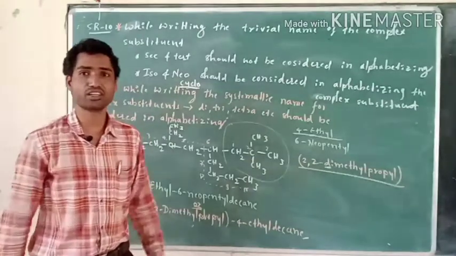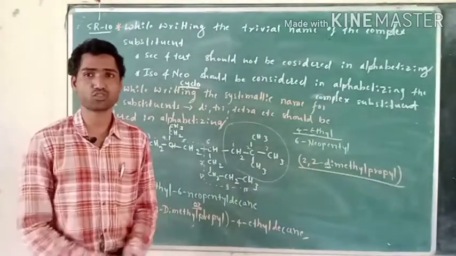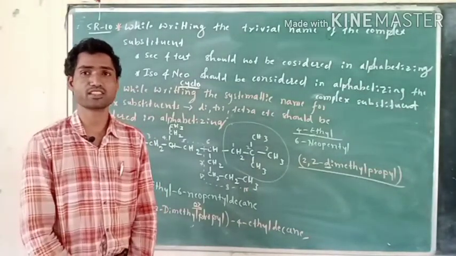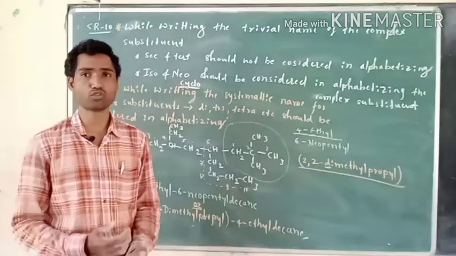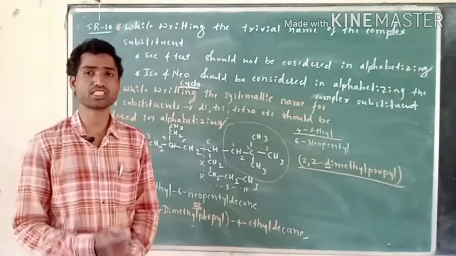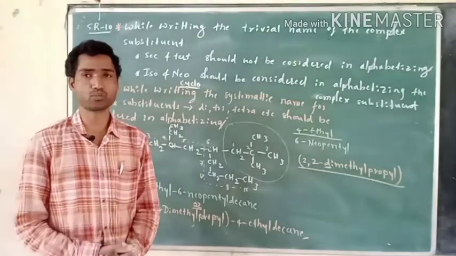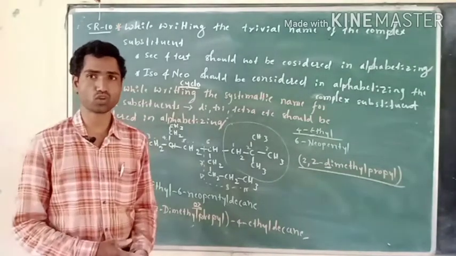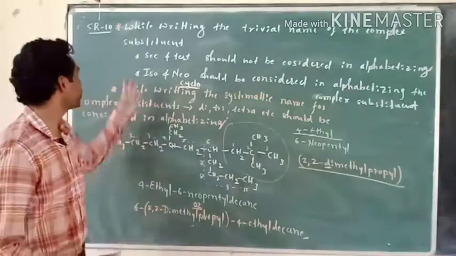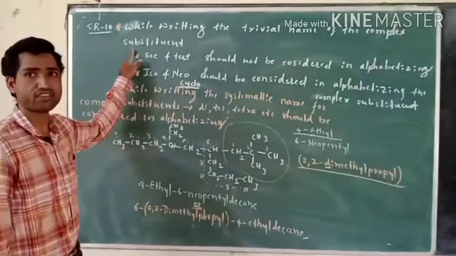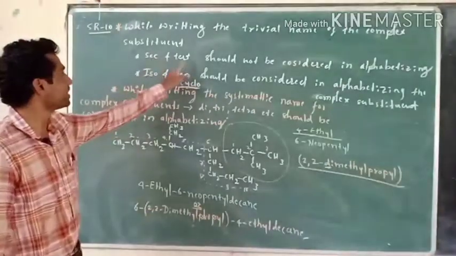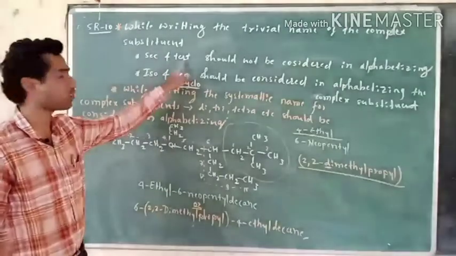So in this class we have discussed only two rules. First rule is, if there are two possible longest carbon chains, then we have to choose the longest carbon chain which is having more number of substituents. That is the first rule that we have discussed. Second rule is, while writing the trivial name of the complex substituents, secondary, tertiary should not be considered in alphabetizing.